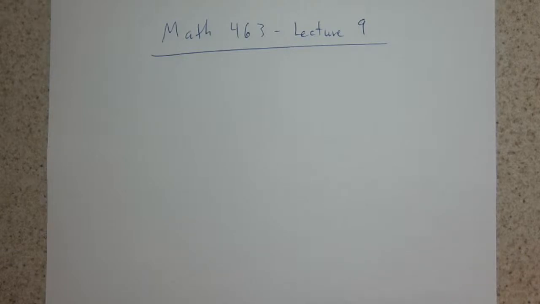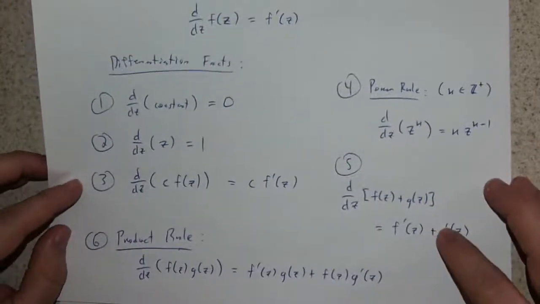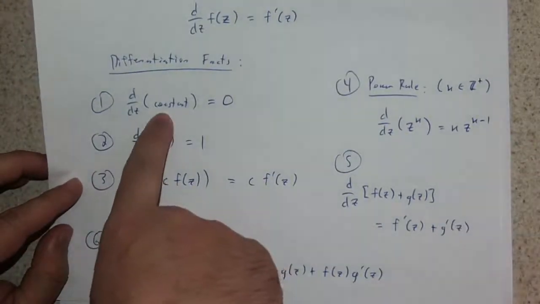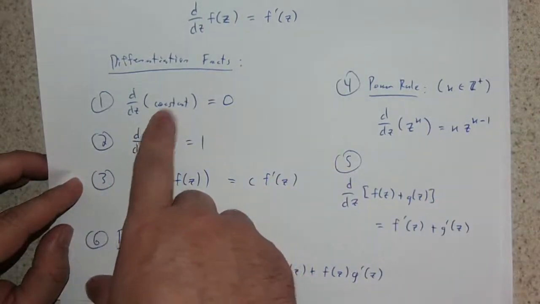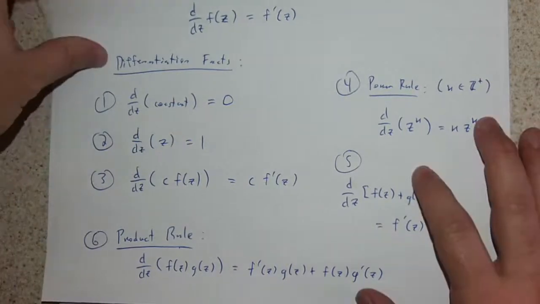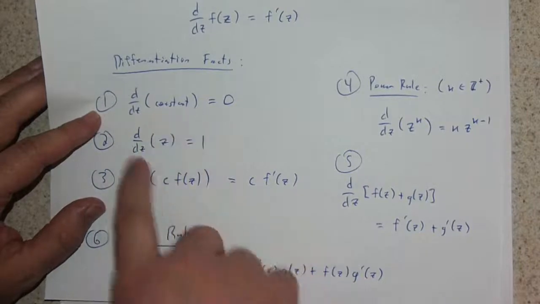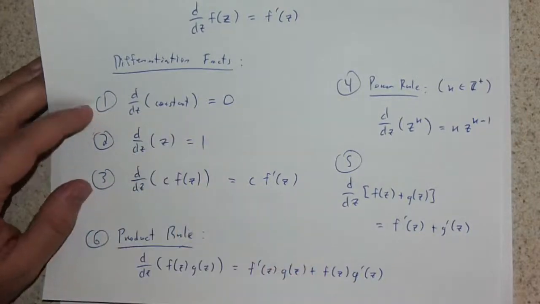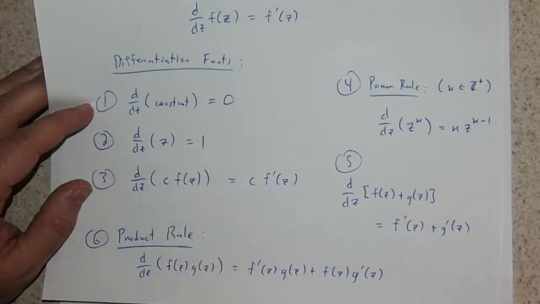calculus. And so just to remind you, we had the basic facts that the derivative of a constant, and of course it's true even for a complex constant here, right? So when we say constant, we are talking about a complex number that's not changing. So the derivative of a constant is 0, and the derivative of the function f of z equals z is 1.